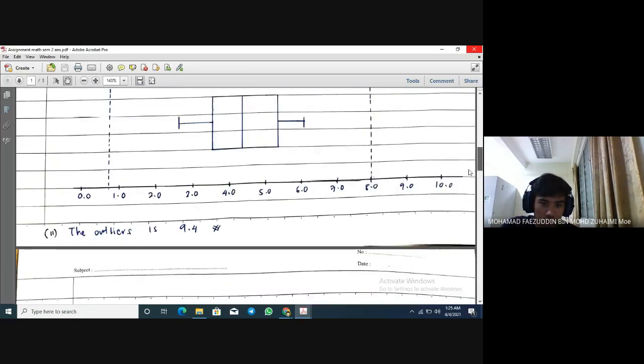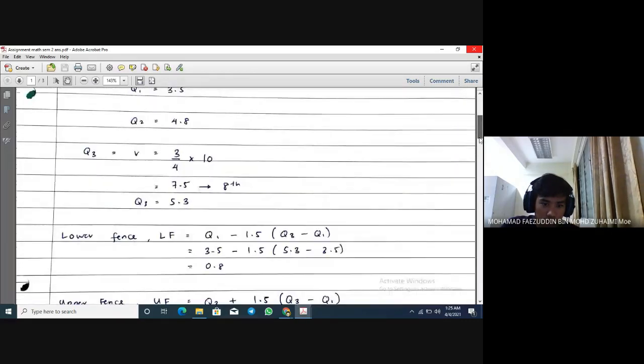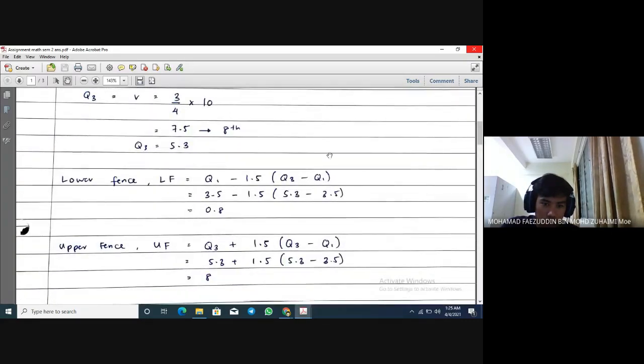And then we must find the lower fence and upper fence. The lower fence, we can use the equation q1 minus 1.5 times q3 minus q1, and we just substitute all the quartile values that we have calculated just now in that equation, and we will get 0.8 for the lower fence.